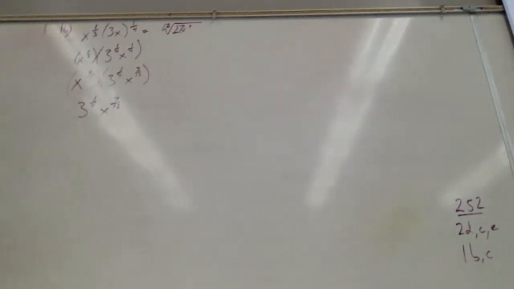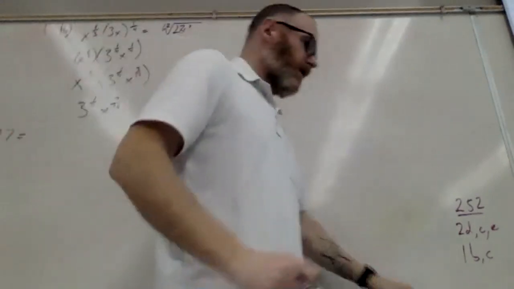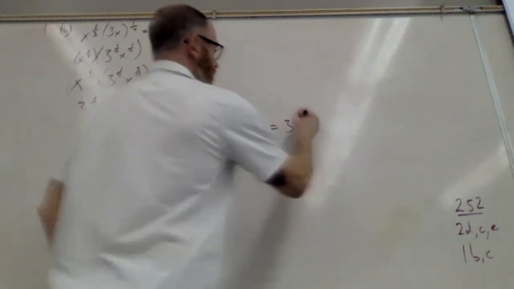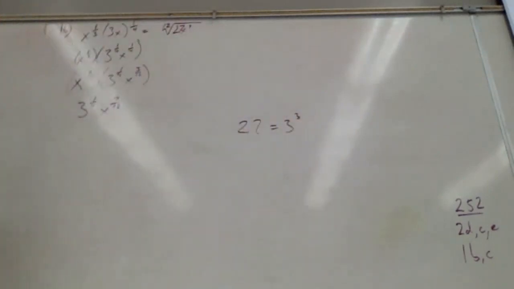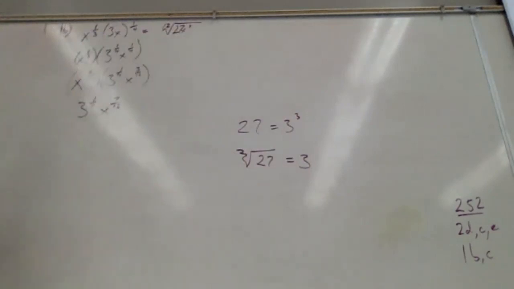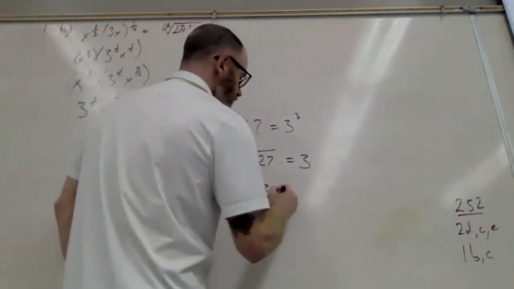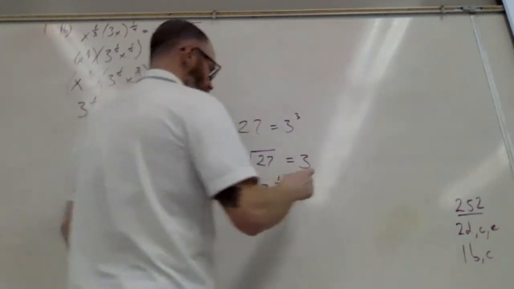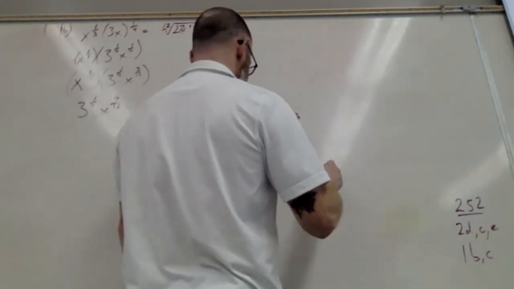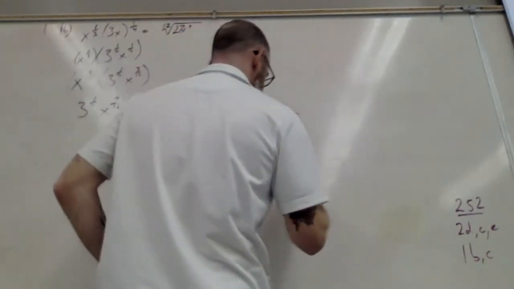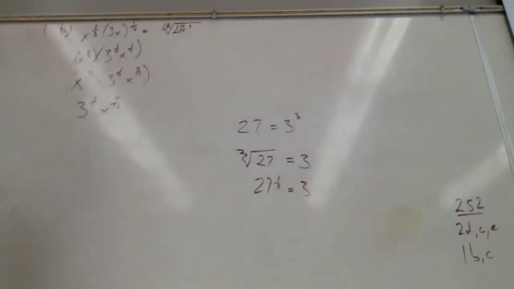So see if you follow me here: 27 equals 3 cubed, which also means the cube root of 27 equals 3. Therefore, 27 to the third equals 3.